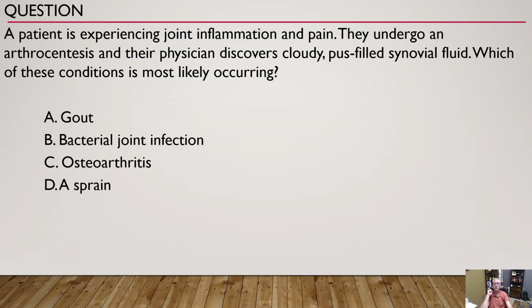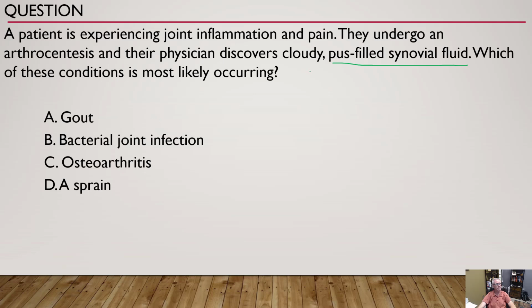We're pulling out some fluid. We stick the needle in that joint cavity, an arthrocentesis, and pull out some of that fluid. Their physician discovers cloudy, pus-filled synovial fluid. Which of these conditions is most likely occurring? Gout, bacterial joint infection, osteoarthritis, or sprain?